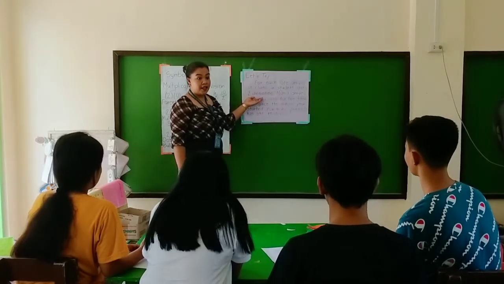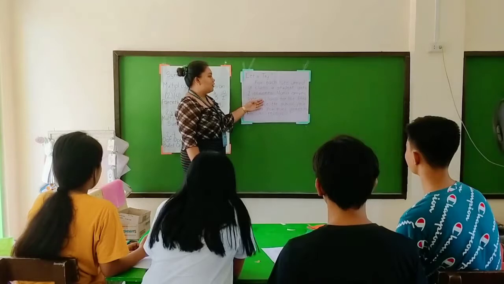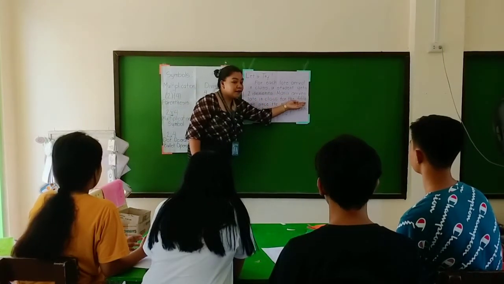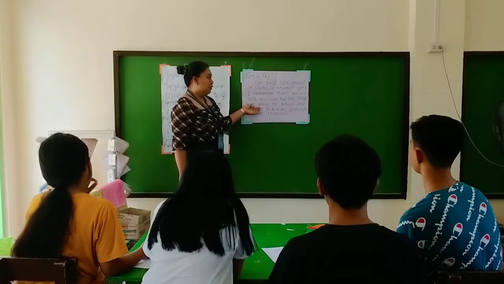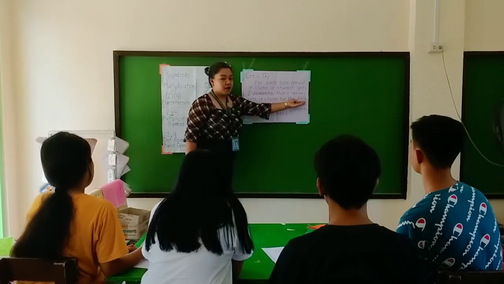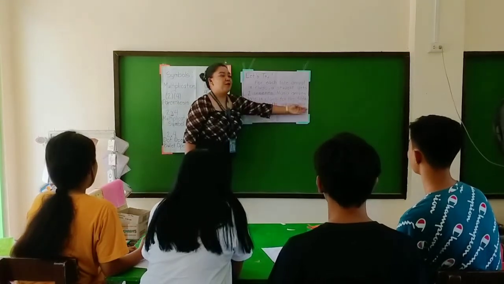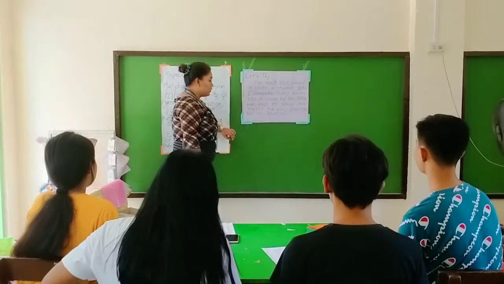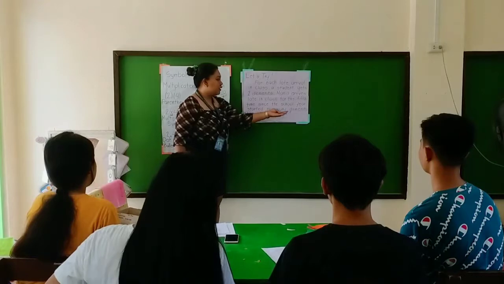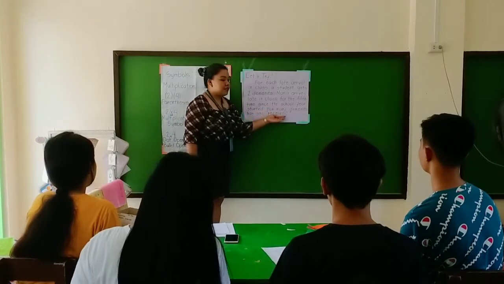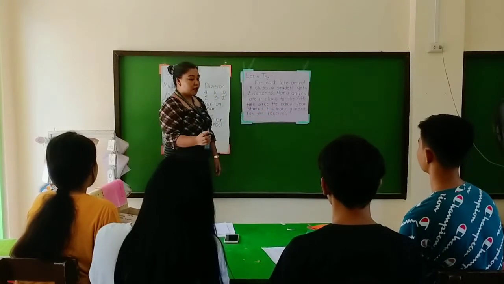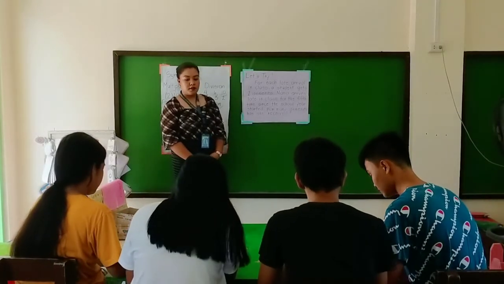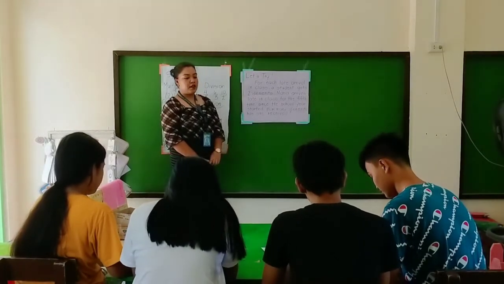Okay? Yes, ma'am. So, Maria arrives late in class for the 5th time. So, what is this one? Number 5. Okay, 5th time. Since the school year started. So, how many demerits has she received? Class, you start answering now. I will give you 2 minutes to answer that.